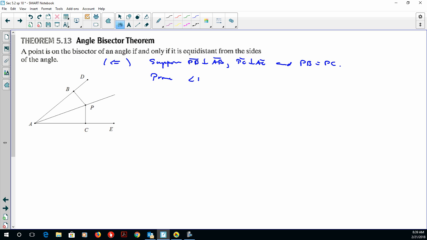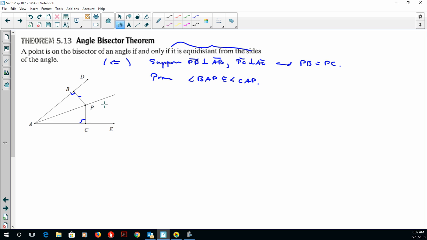Okay, so what we have is that P is equidistant from the sides. So that's what I'm saying here. PB is perpendicular, PC is perpendicular, so these two things are distances, and they're the same. They're equal. Okay.